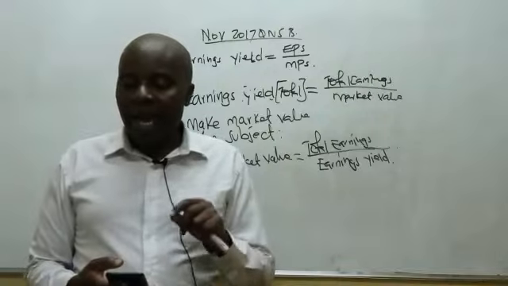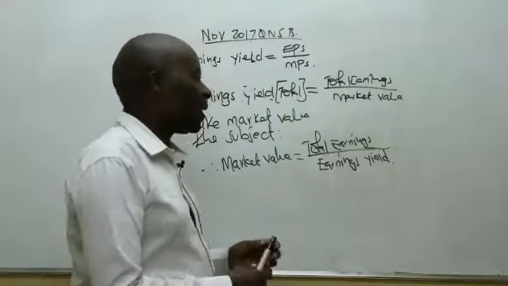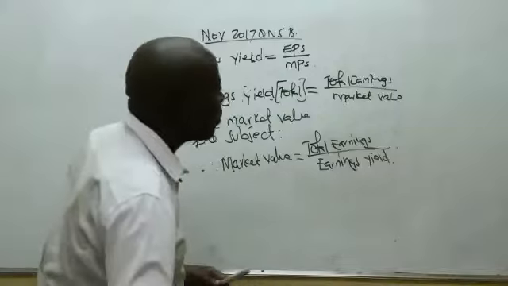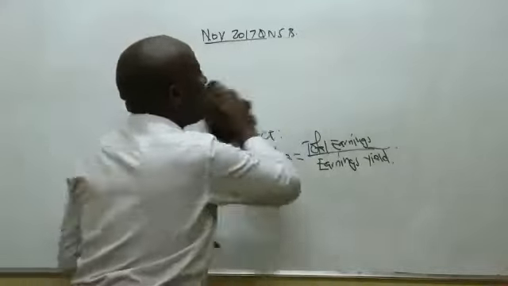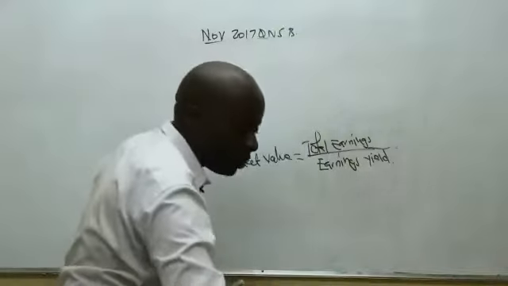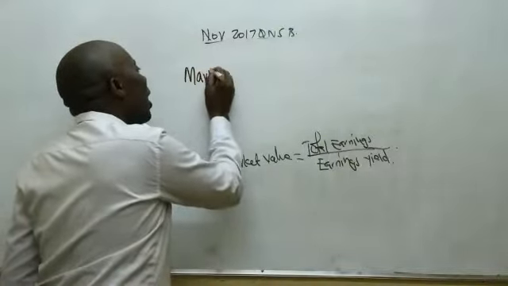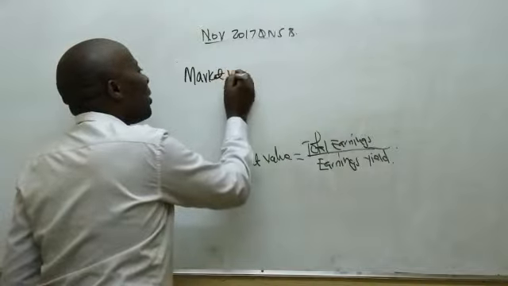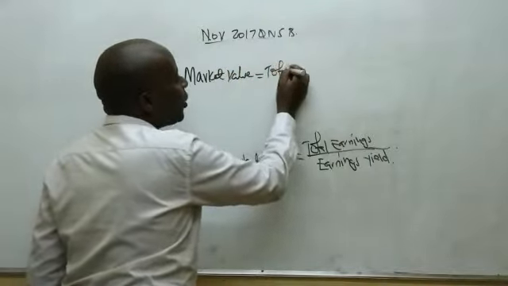So I can see my earnings are growing, and because we happen to be having a growth rate, our market value using this approach will be equal to total earnings.